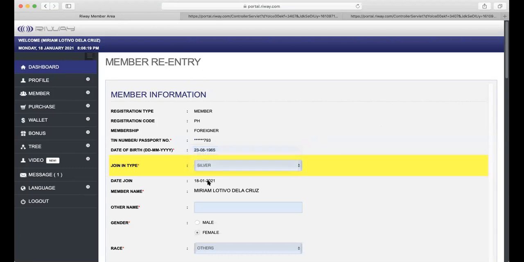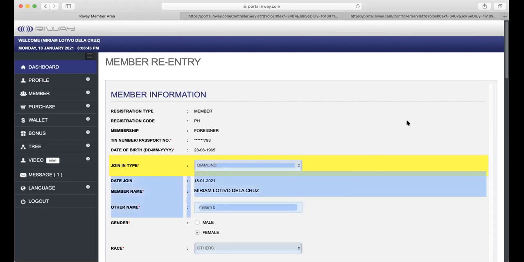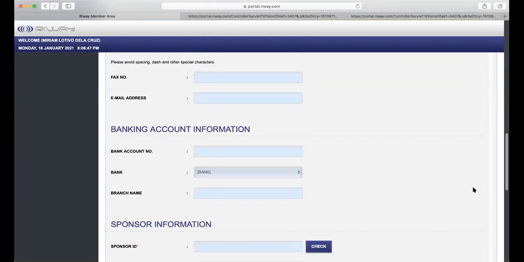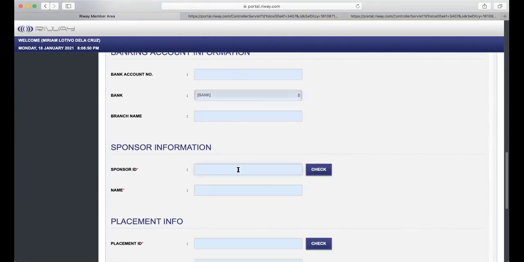Let's say she buys another diamond account, and then it would be named under Miriam B. Then you need to put in the sponsor again, and then you need to check.